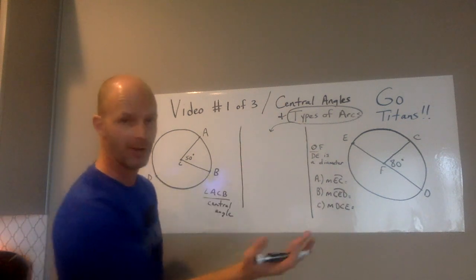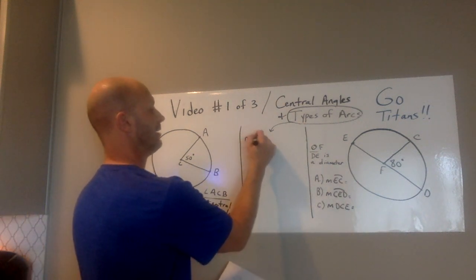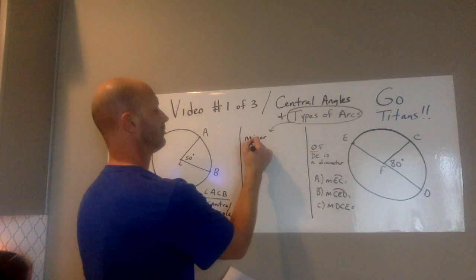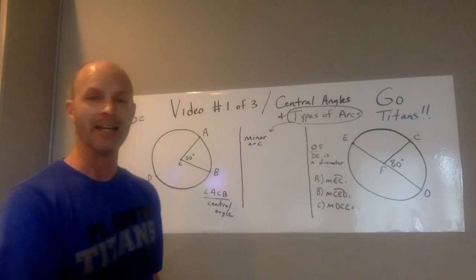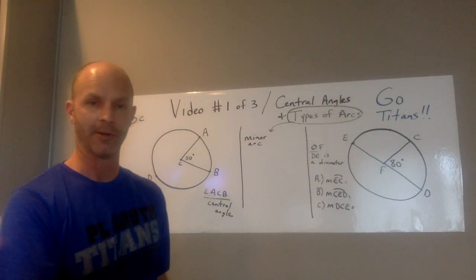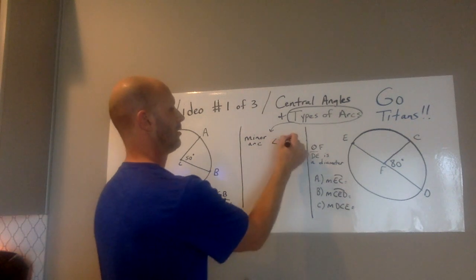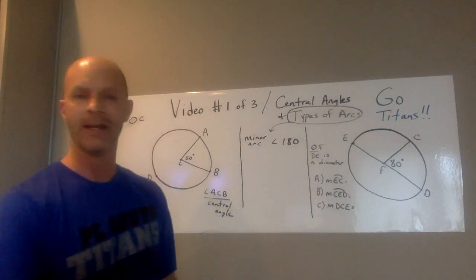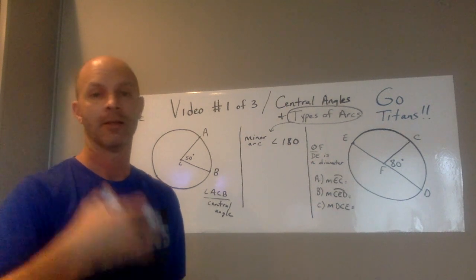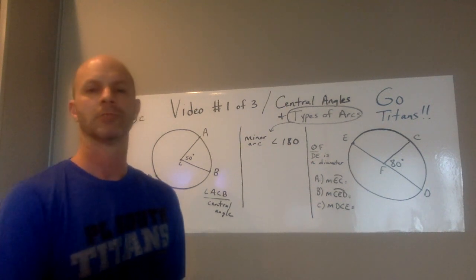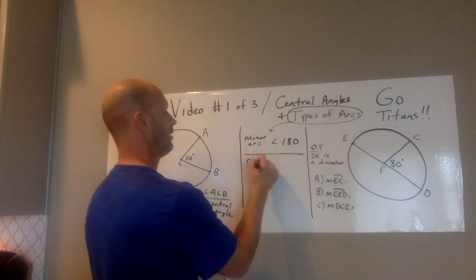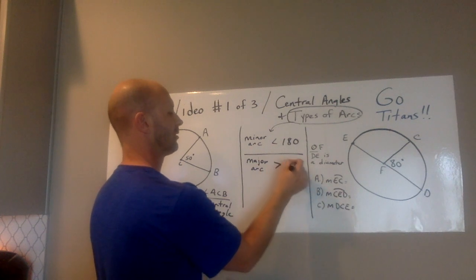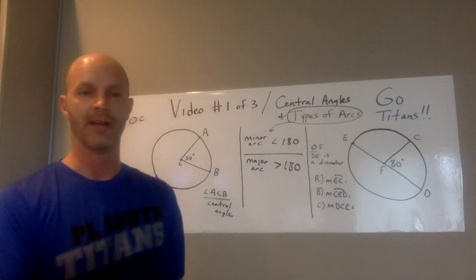The first one I want you to write down is a minor arc. A minor arc is any arc that's less than 180 degrees. Not equal to 180, but less than 180, of course bigger than 0. So that's a minor arc. Our next one is going to be a major arc. Major arcs are greater than 180 degrees.